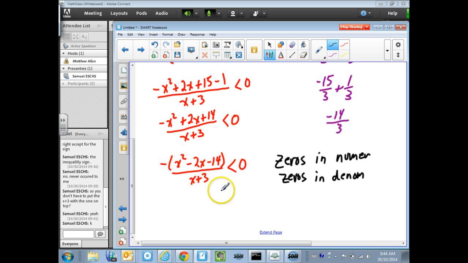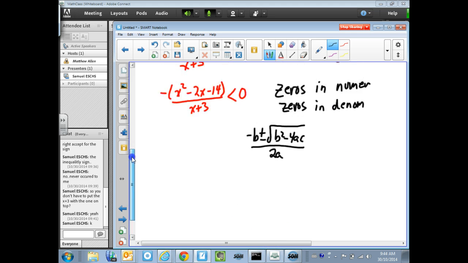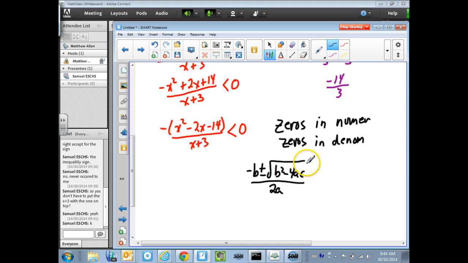So with the numerator now, I'm going to do a negative b plus or minus, all that jazz. And I guess what I'll ask here is, can I assume you got to that point okay?